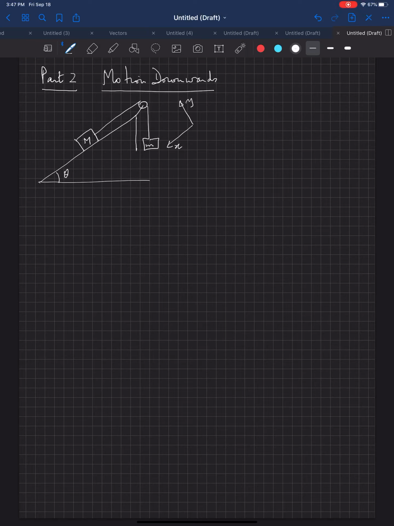Well, we know this. We know that there's this downward force, which is the weight, which is Mg. There's this normal force, which is N. The object is going downwards, and friction always is in the opposite direction. So here's my Ff, my frictional force.